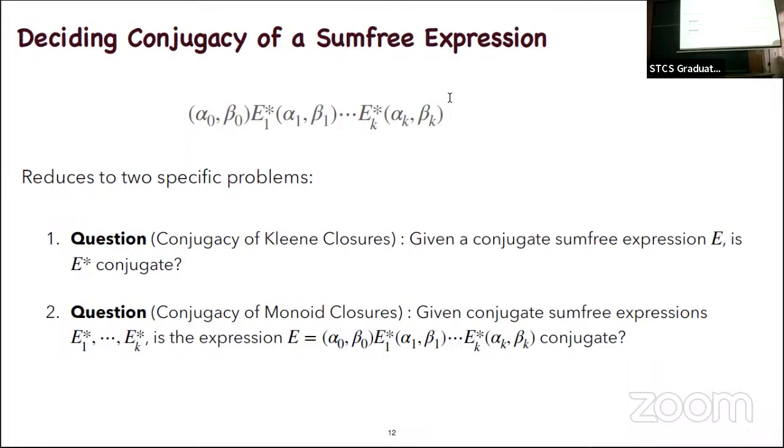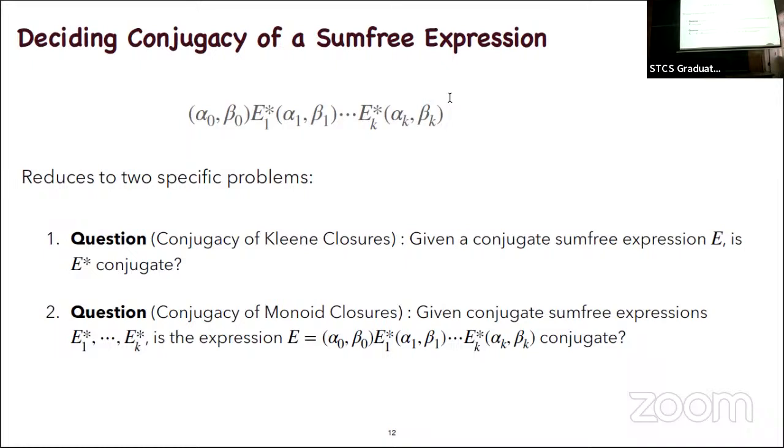If this expression alpha 0, beta 0, even star is conjugate, then every pair inside this even star has to be conjugate. That's a key insight, because I can repeat it as many times, so they have to match. So if I have a sumfree expression, every star inside that has to be conjugate. Only then this will be conjugate.